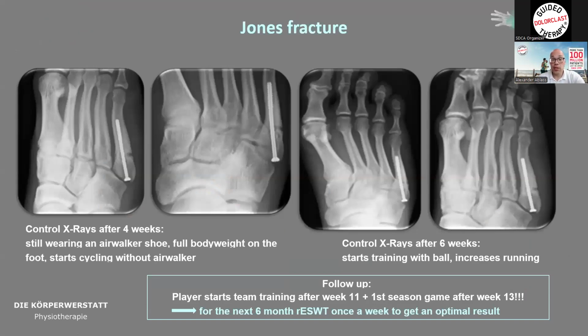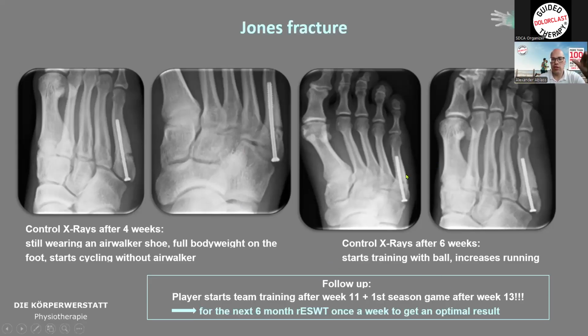After 4 weeks, we did a control X-ray. You can see that these really bad healing areas already started. So we allowed this guy to go on the bike and start cycling already after 4 weeks. What we prefer at the moment is to let them walk on our AlterG anti-gravity treadmill.